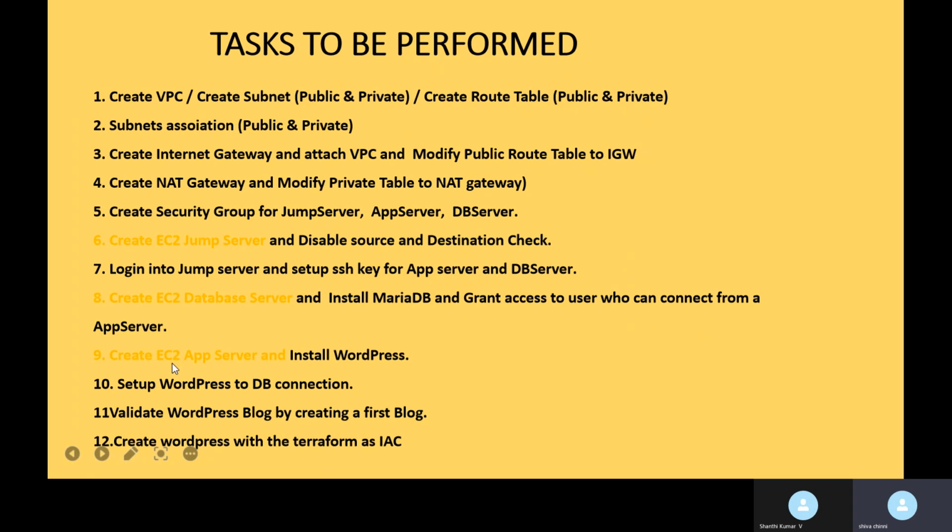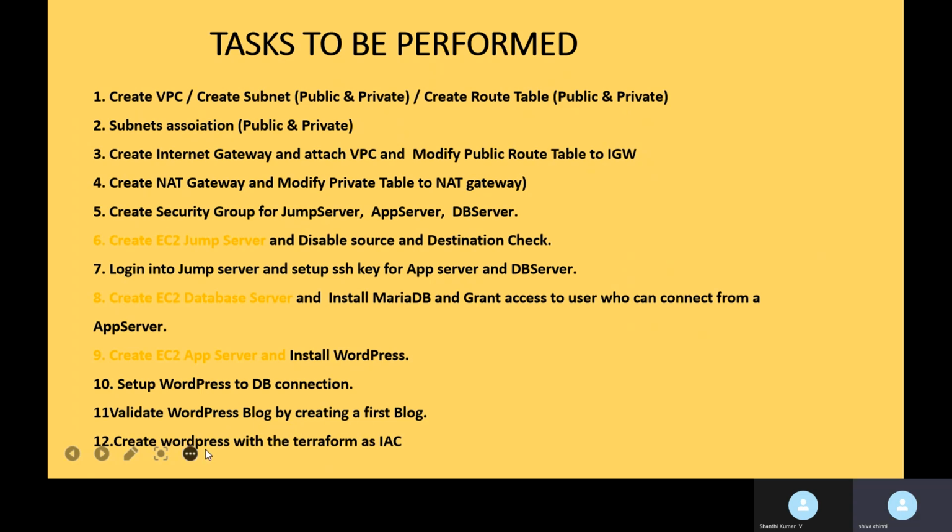We also need to create the EC2 app server to install WordPress. Once we have done all those things, we need to set up WordPress for the DB connection. Once we have successfully completed the WordPress setup for the DB connection, we can validate it in a browser with the WordPress blog by creating the first blog.